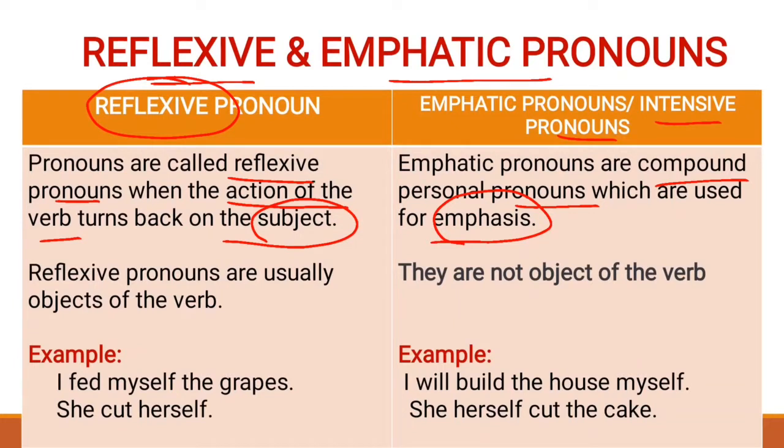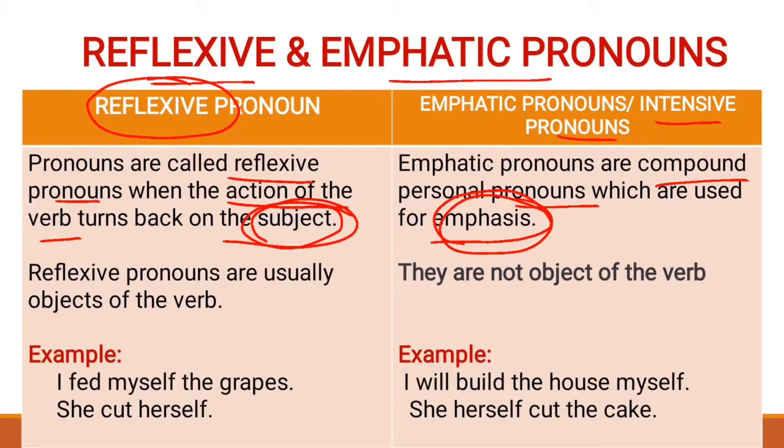So, when an action reflects back on the subject or doer of the action, it is called a reflexive pronoun. But when the pronoun is used to emphasize the noun or subject of the sentence, it is called an emphatic pronoun.